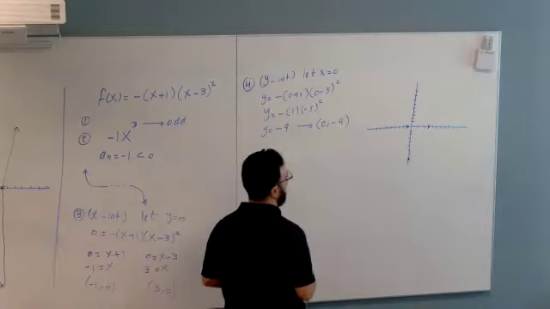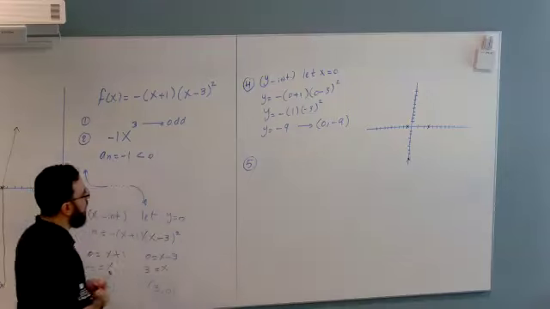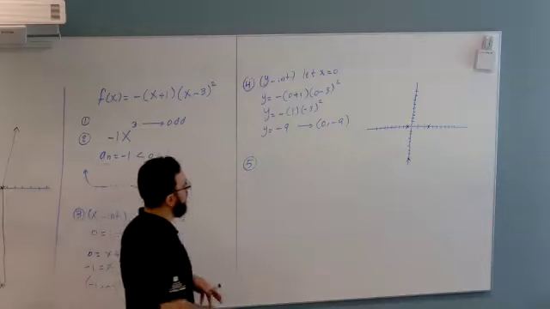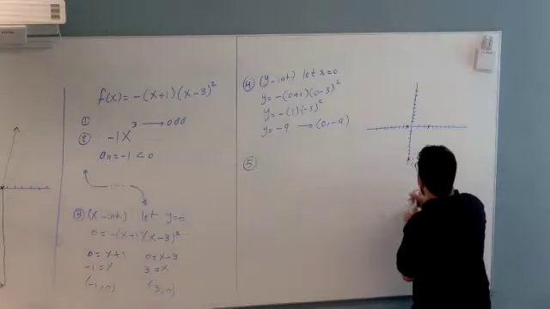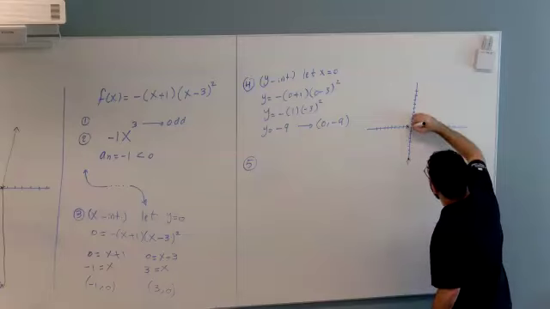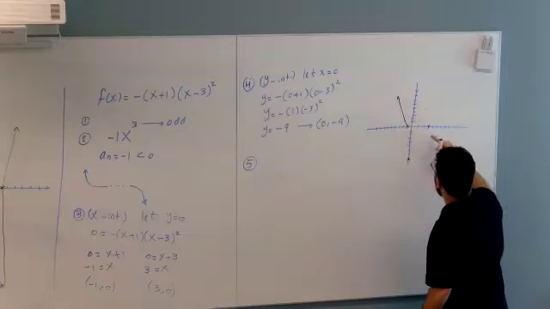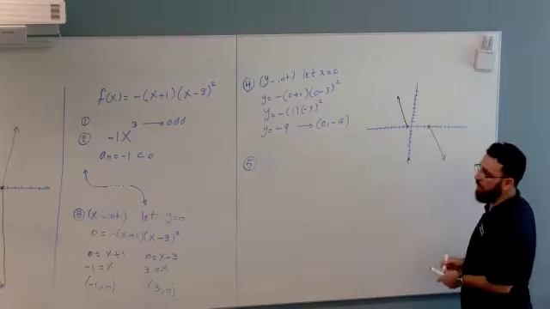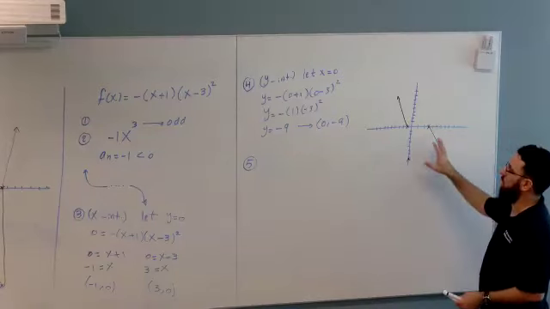Is that okay? Now I said the end behavior from this side going where? Up. So from this side, the graph is gonna go up. From this side, the graph is gonna go where? Down. That's it. I don't care about what's gonna go up, down.